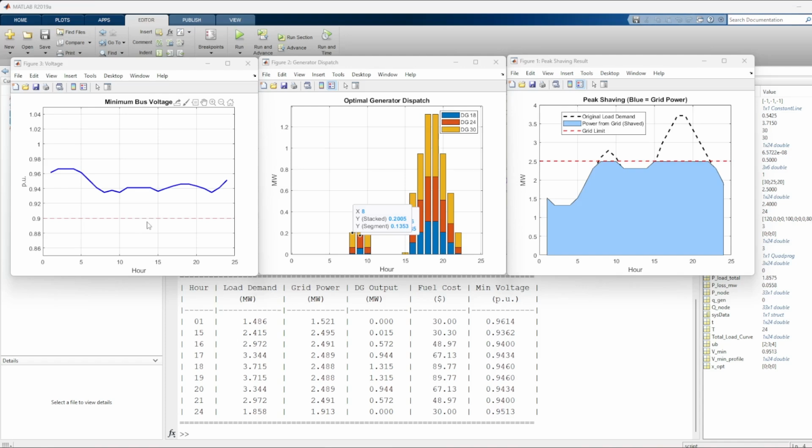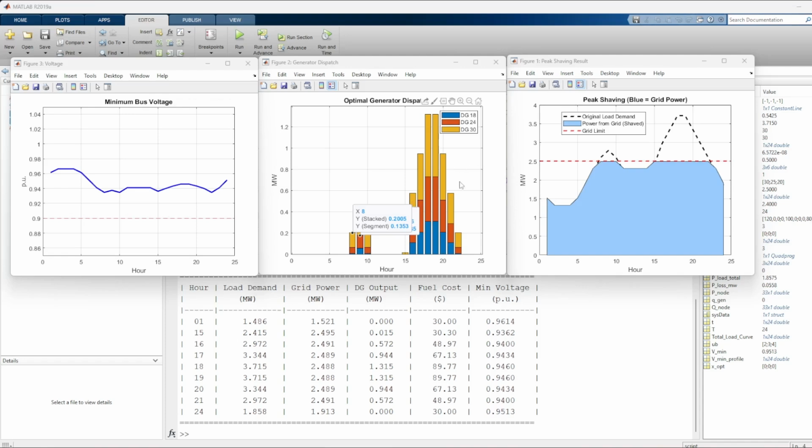The voltage fluctuates above it but stays safely between around 0.94 and 0.97. So this confirms that the solution we have provided in the form of diesel generators is not just financially cheap, it is also physically safe, as our voltage limits are within the range.